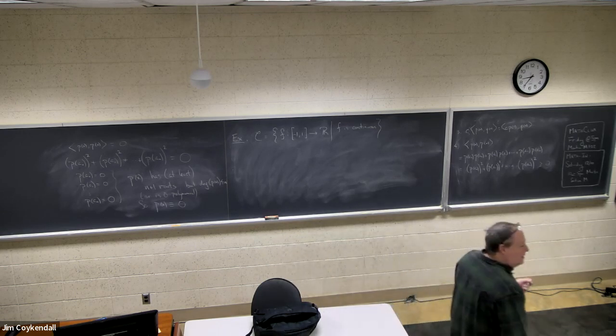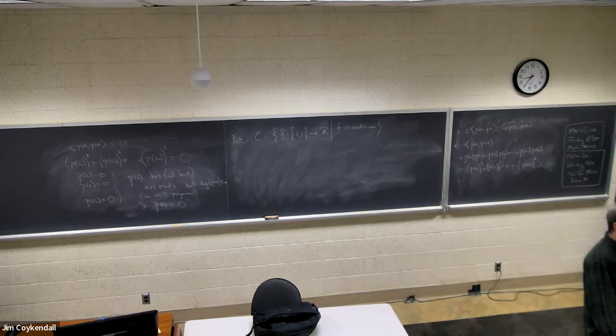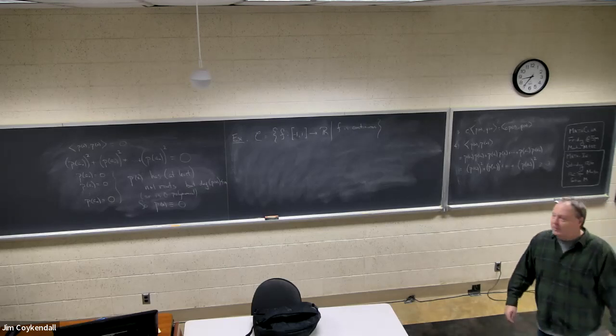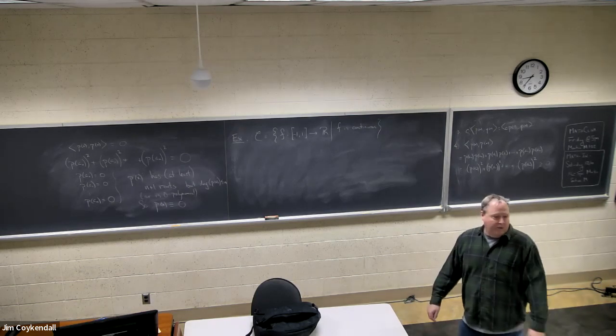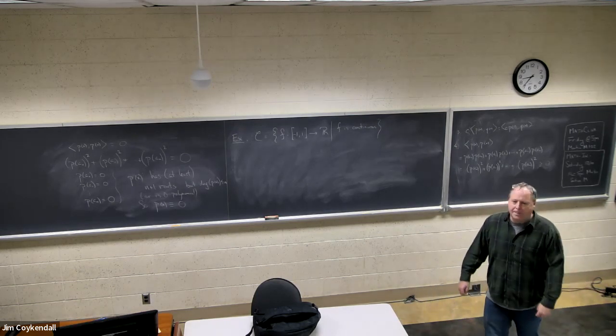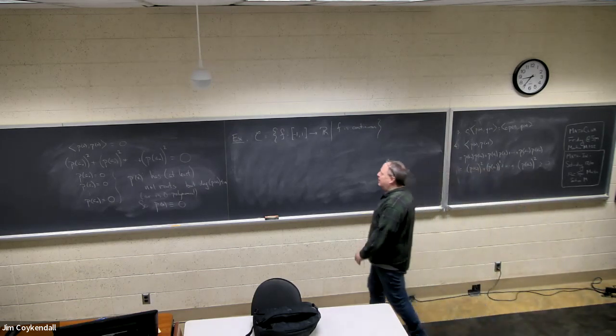What happens when you take a continuous function and you multiply it by a constant? It's still continuous, right? So my scalars are real numbers. This is a real vector space, very big. I'm going to define the following inner product.